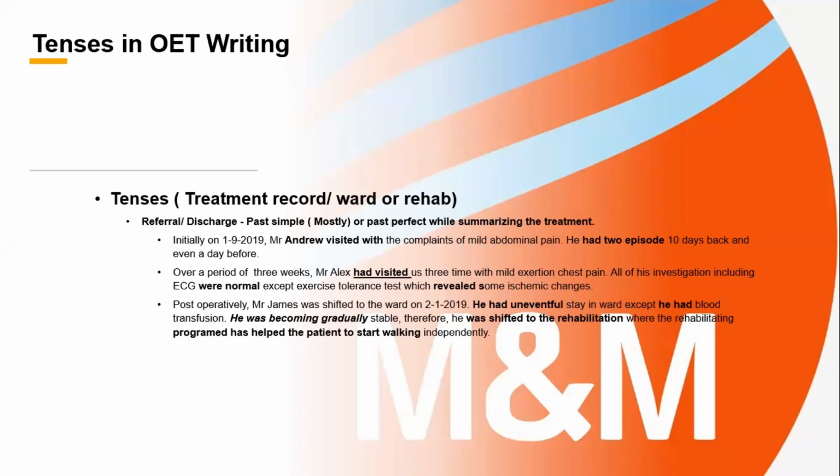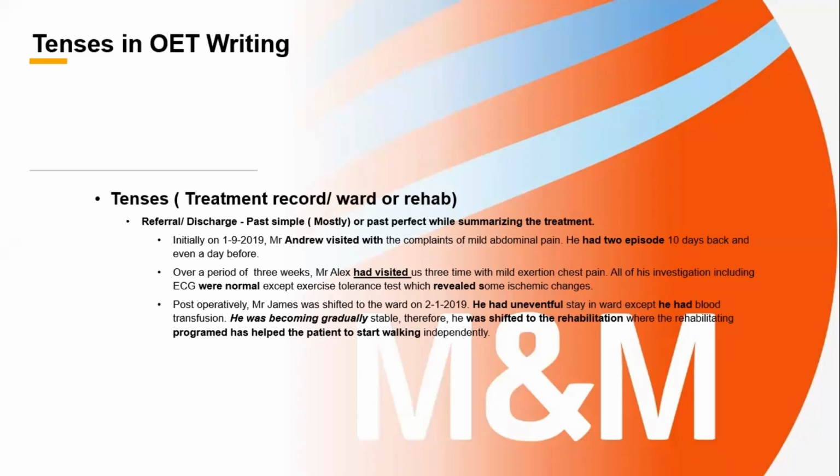Basically, the next thing is the treatment record. In the case of a referral letter, we have the treatment record, and in the case of discharge, we have ward or rehab. If you go onto the referral letter, in this case we have 2 to 3 visits that I'm just labeling as a treatment record.